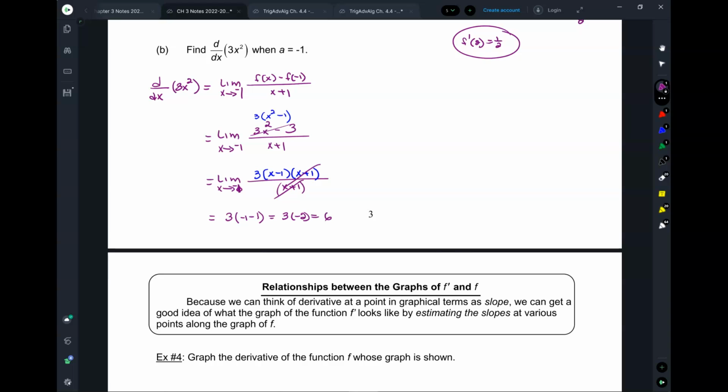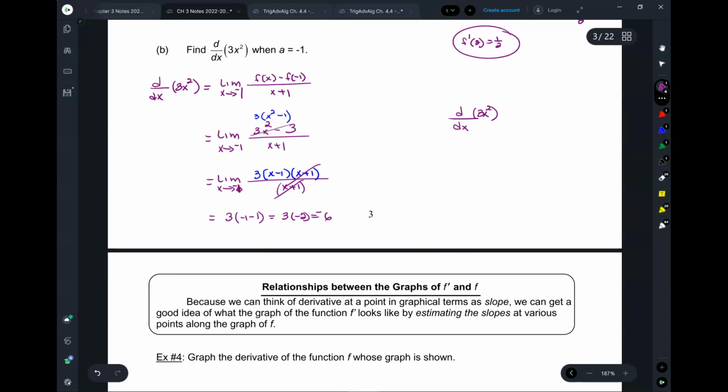Okay. Now, let me show you guys some other notation. Hang on, I'm going to show you. Check out what we did. This is d/dx of 3x squared.